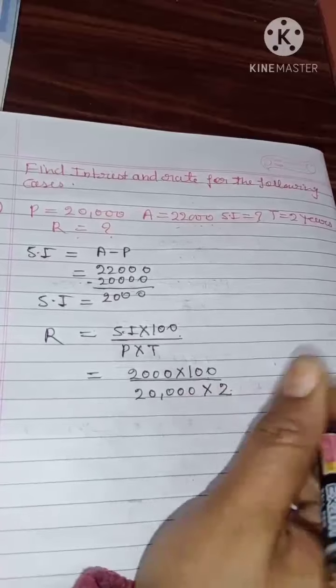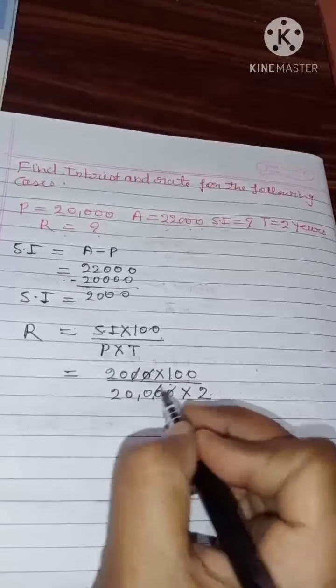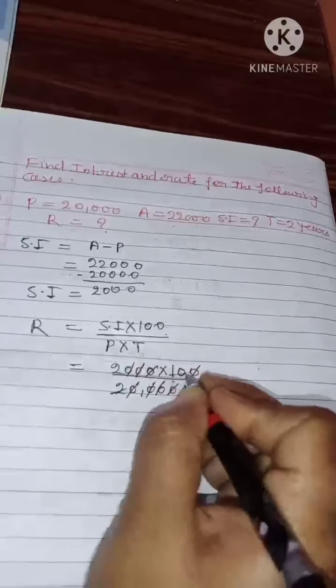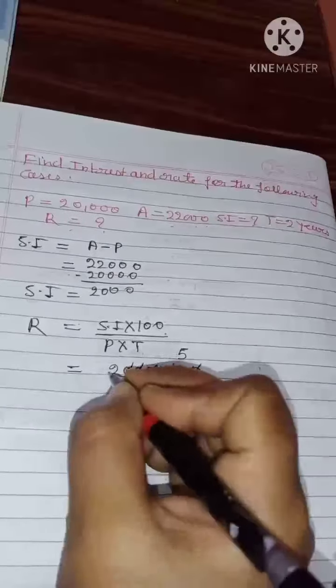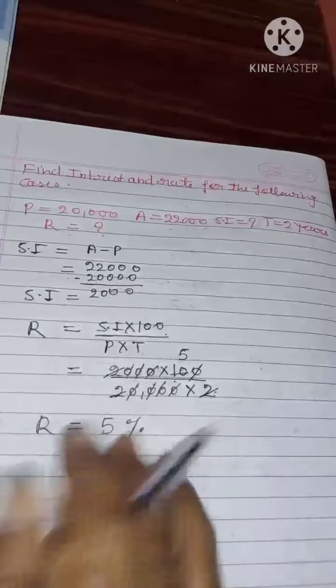Now cancel them. This 0 will cancel with the 0. Cancel this one by this one. 2 fives are 10, and 2 and 2 will cancel. So R is equal to 5/2 percent per annum, and this will be your answer.